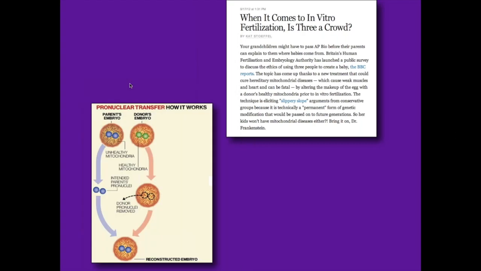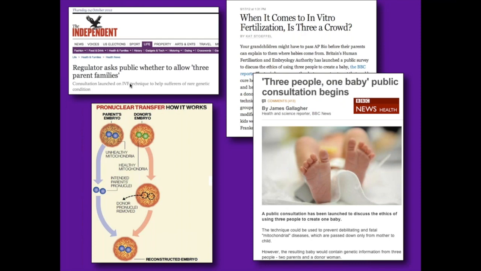Now, in a sense, children born this way have three parents, because they have mom who gave the egg nucleus, we have dad who gave the sperm nucleus, and then the third parent gave the mitochondria when she donated an egg. And in fact, we have three parent babies.